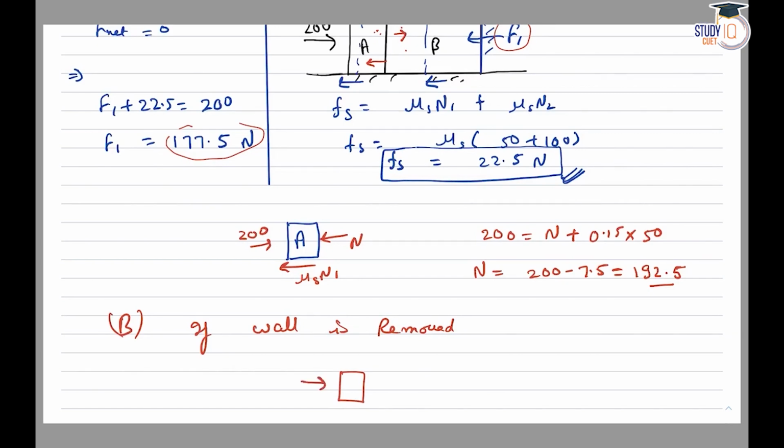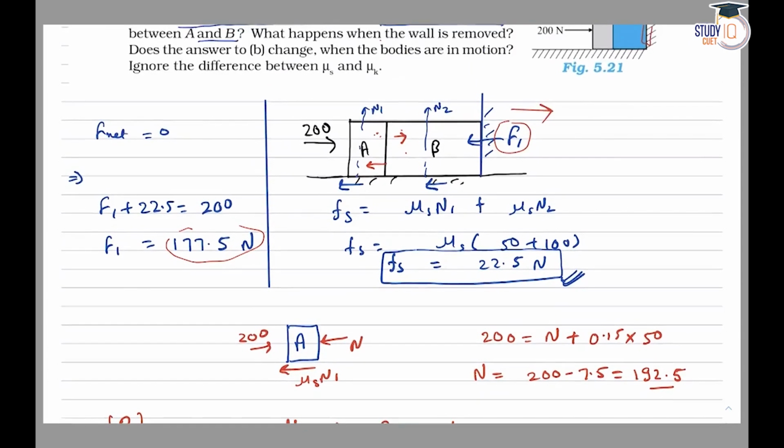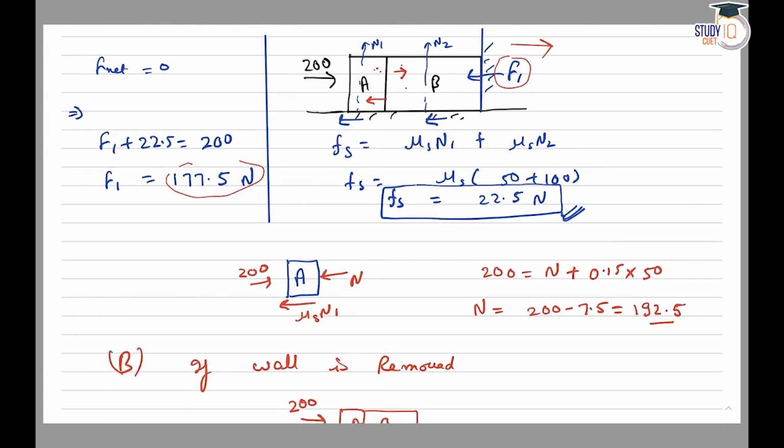So the forces acting on the system can be written as follows: this is A and this is B. The frictional force on A plus B comes out to be 22.5 Newton. As the net force is toward the right, the system will accelerate toward the right.